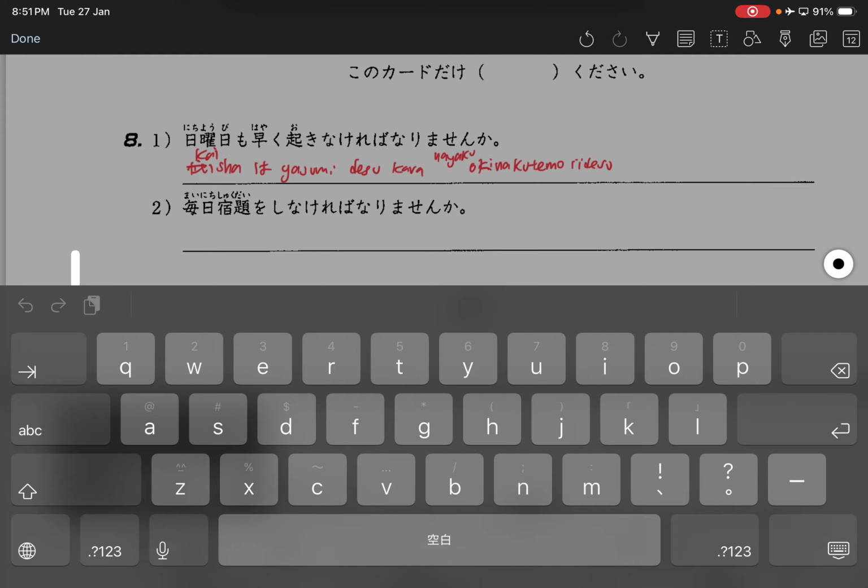One more time, please. しなければ。習い事、remove the の, 習い事が忘れますよ。You don't need the negative.